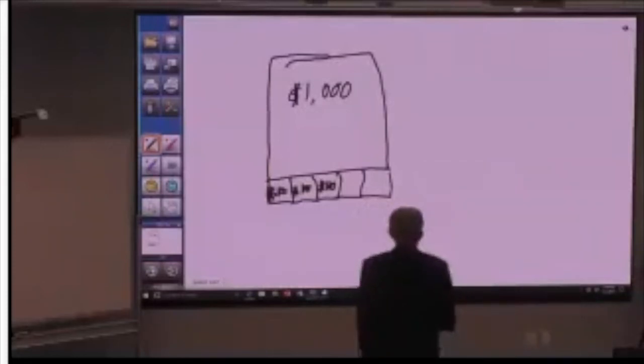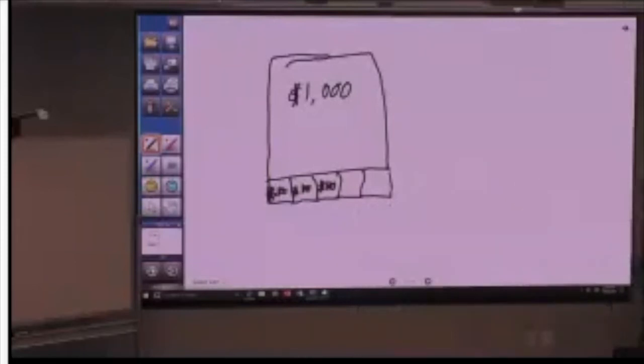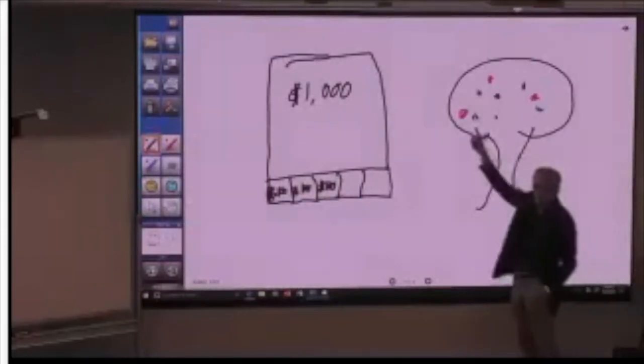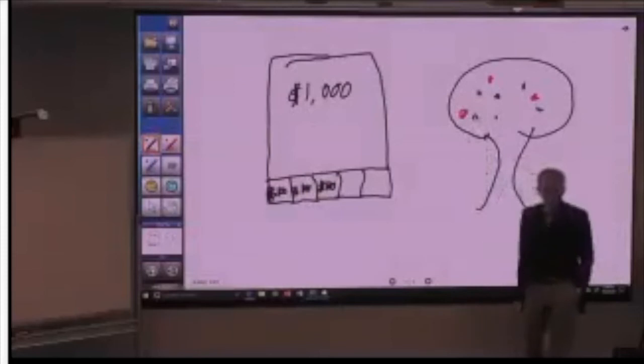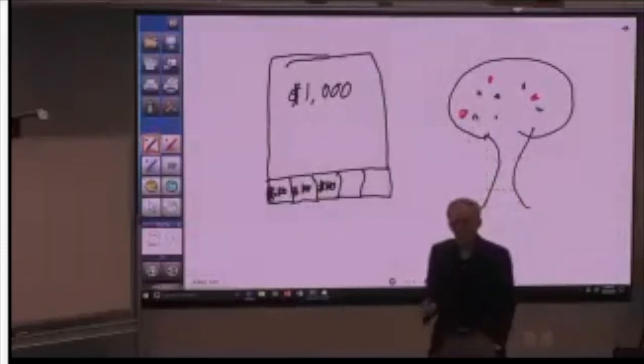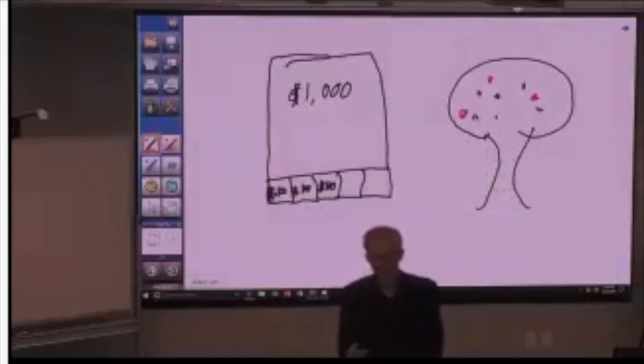Say we have our apple tree. There's a bunch of unripe apples, but there's a bunch of ripe apples. The red is my version of ripe apples. You give away the tree, and there were ripe apples on it.